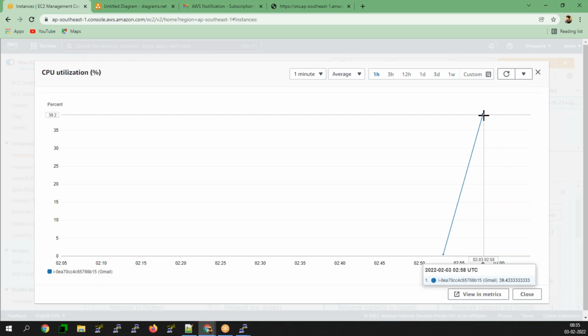The load keeps on increasing. That means what you are doing is working fine. Here you are representing with the help of the graph, around 39%. As soon as it reaches more than 75%, you are going to get the respective alert here.